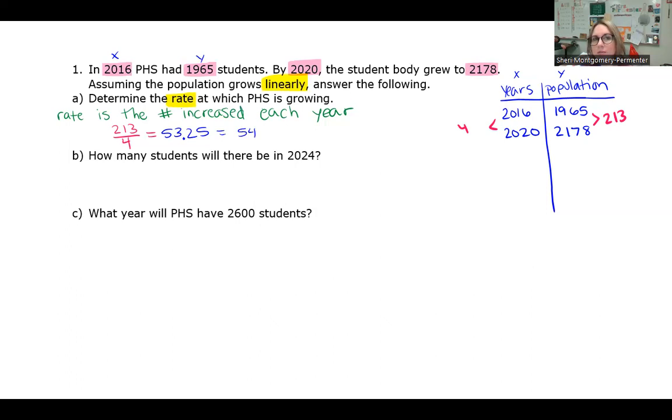And so it says, how many students are there going to be in the year 2024? Well, that's an easy one because we just need to add 4, and we would have 2024. And over here, that means we just need to add 213.